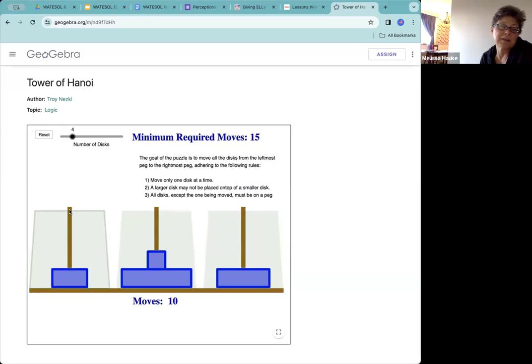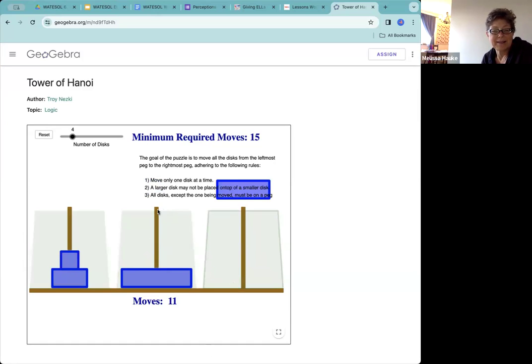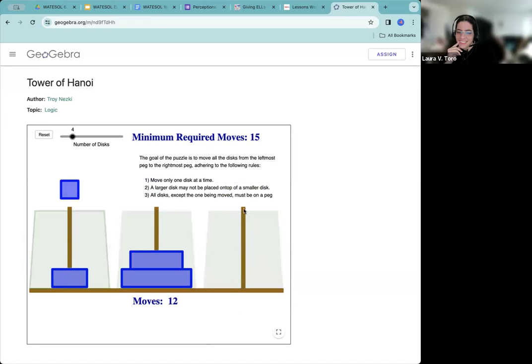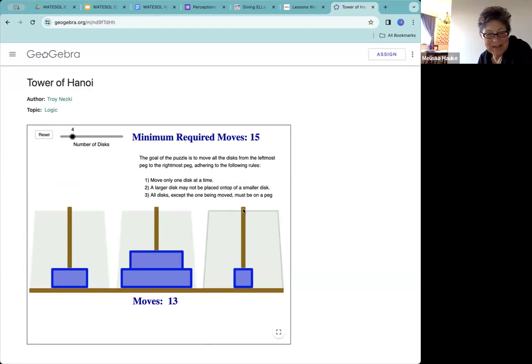And then the small one on top of that one. And then that on the right to the middle. Should I keep going? Yes. The small one all the way to the right. And then the one on the left goes in the middle. And the small one goes on top.